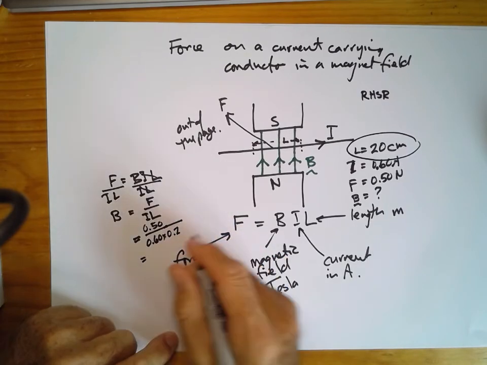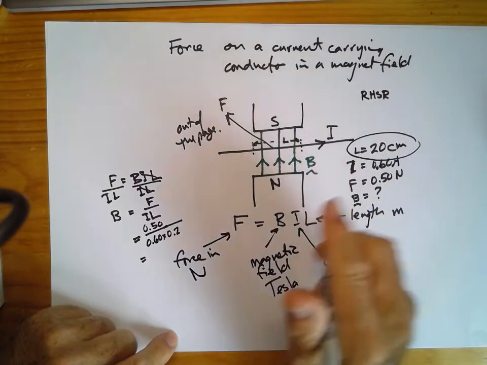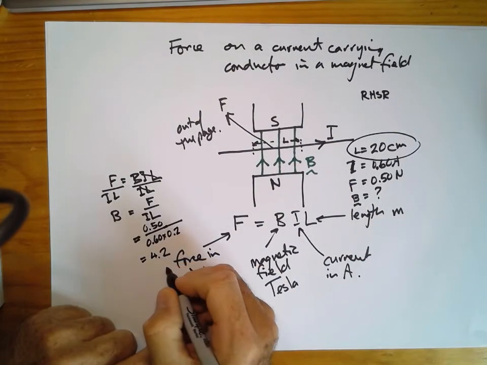So the magnetic field strength is going to be 4.2, and the units Tesla.